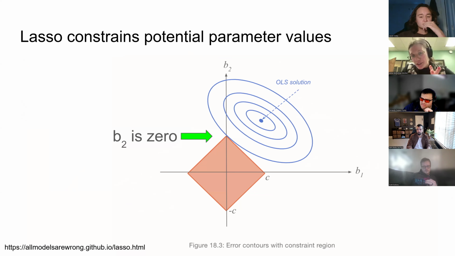When the solution is along one of the axes, the parameters that are 0 on that axis will be 0 in the model. So in this instance, the estimated parameter values are at that top corner of the box where it touches the ellipses coming out of the OLS solution. And at that point, beta 2 is actually 0. So in that instance, beta 2 is 0, and we're actually removing some of the control variables from the model.